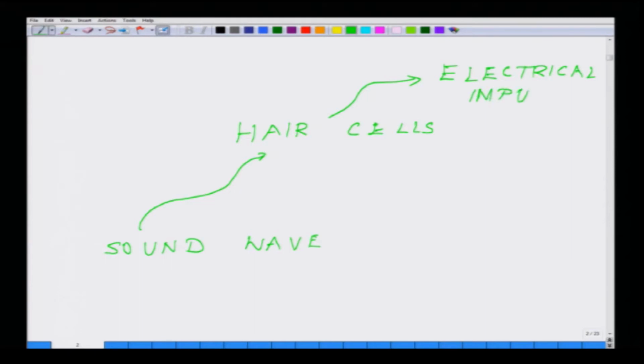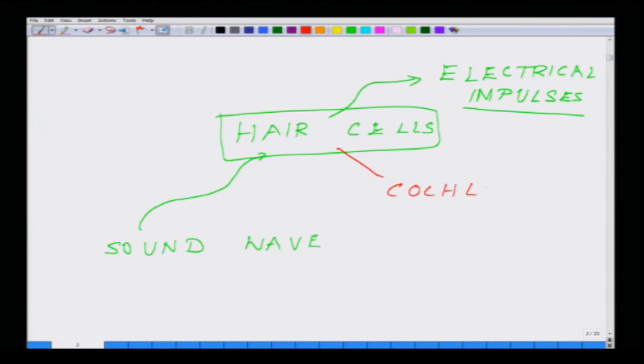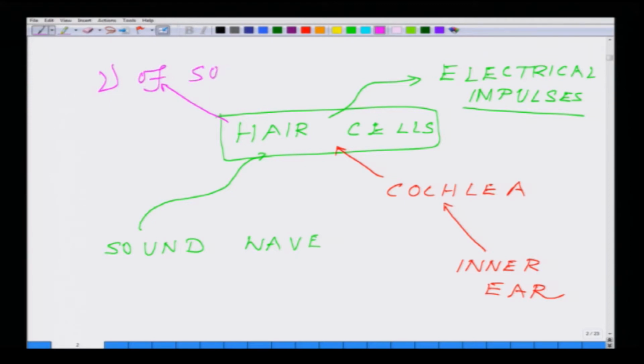And these hair cells sit inside the cochlea, which is essentially the inner ear. These hair cells could sense different frequencies of sounds.